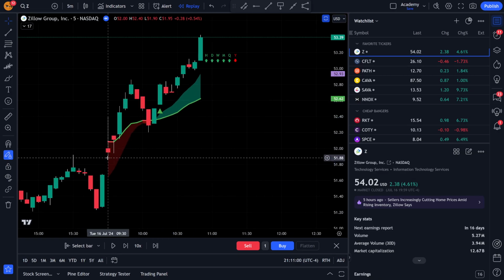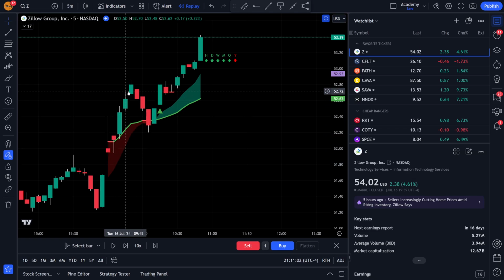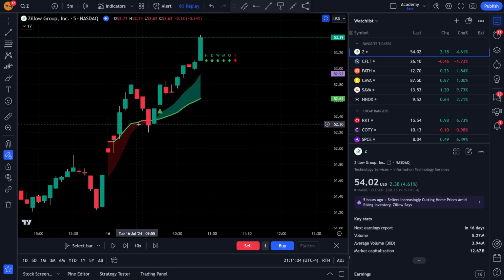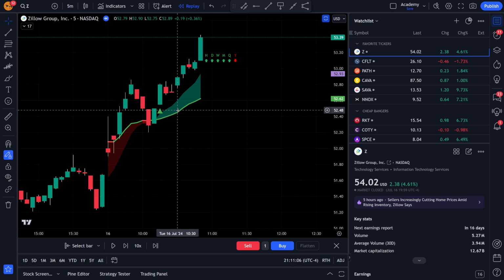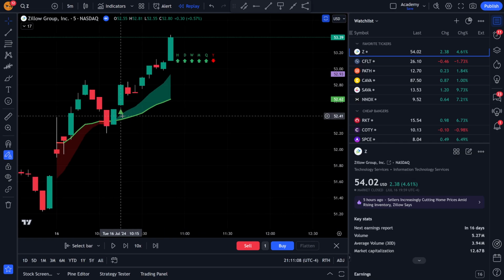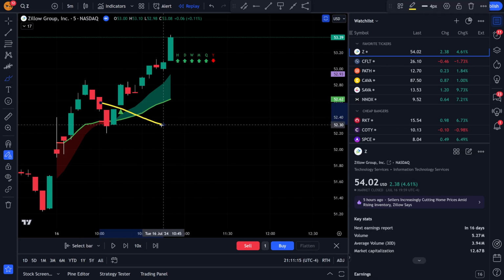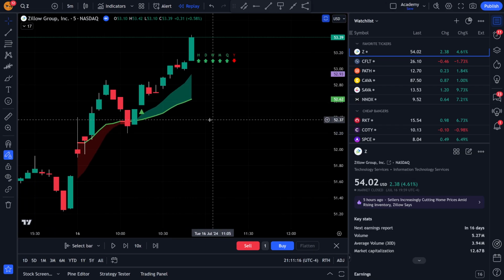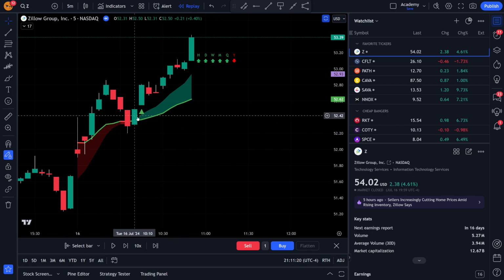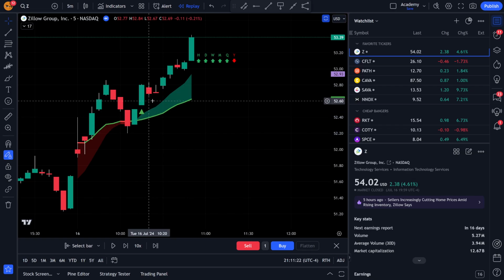At the beginning, there were still some sellers in here for Zillow. But at a certain point, we stayed above there and we had a bit of this red area, and that's typically a bullish momentum signal. You could use that as a buy signal, for your entry. It's not going to guarantee you a win every time, but it's more so a confirmation that, hey, we are now bullish.